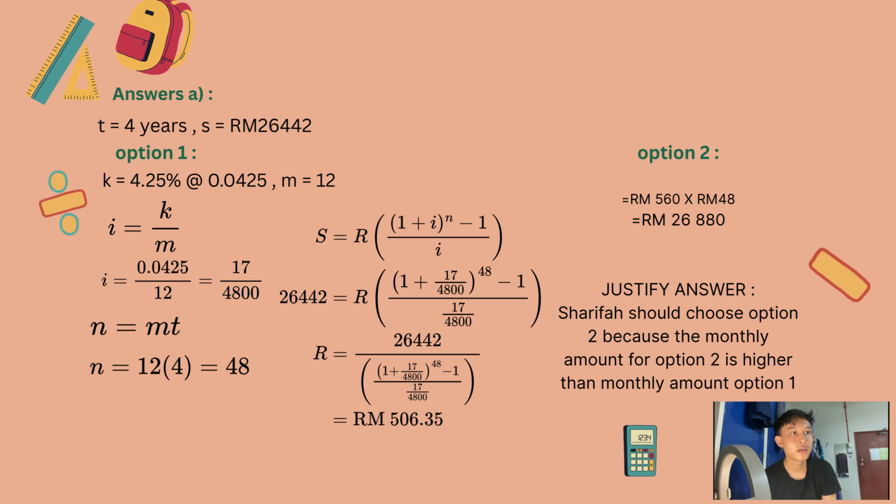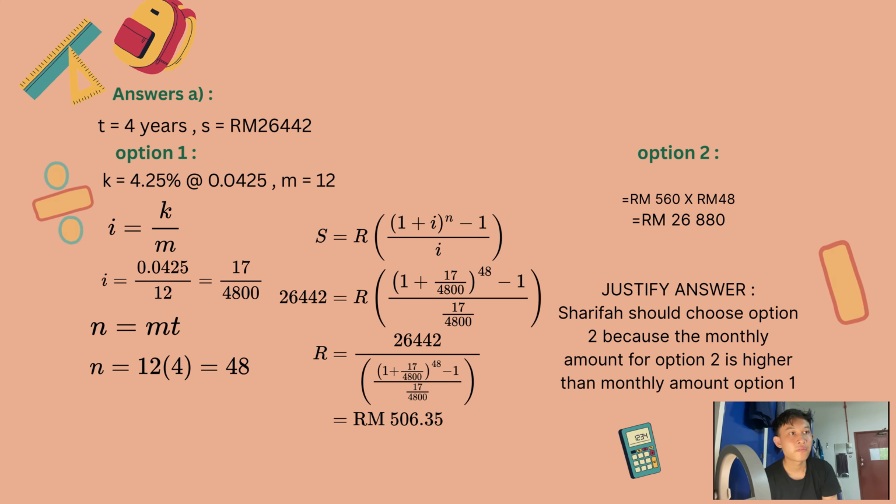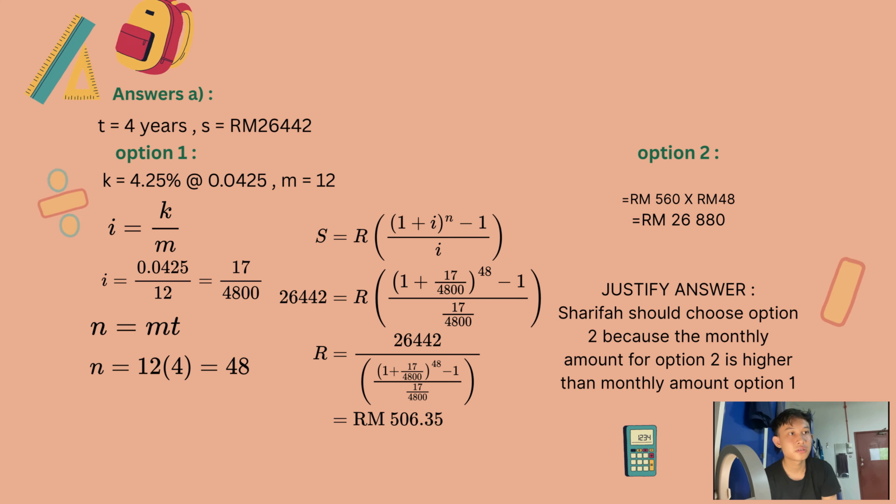Using a calculator, we get R equals RM 506.35. So the required monthly payment is RM 506.35 per month for 4 years.